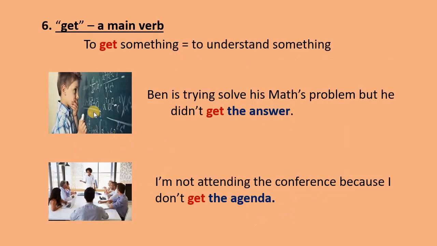Number 6. Get as a main verb. To get something means to understand something. So here, Ben is trying to solve his math problem, but he didn't get the answer. He didn't get the correct answer.